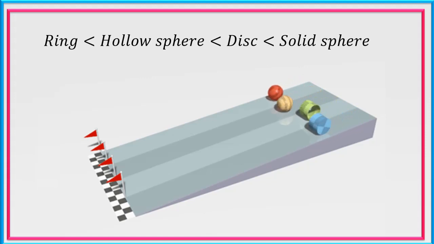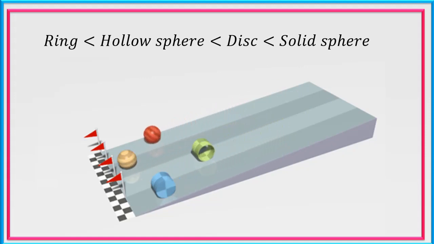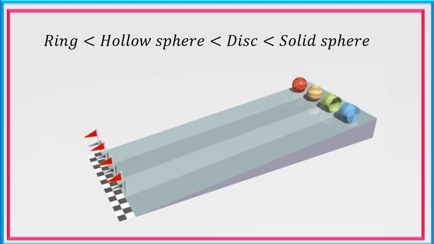That is, when we roll a ring, a hollow sphere, a disk and a solid sphere. Instead of a ring, we can also roll a hollow cylinder because both of them have the same moment of inertia about the center of mass. Again, instead of a disk, we can roll a solid cylinder.